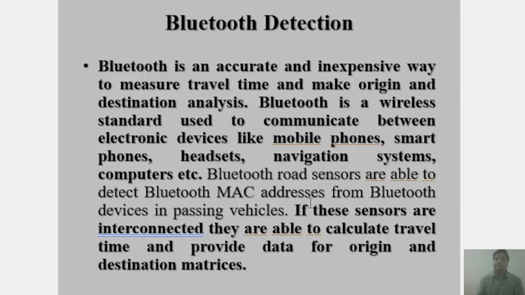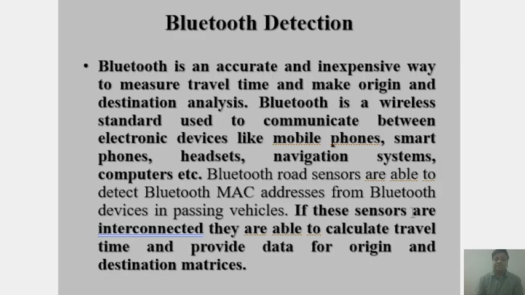This Bluetooth is installed in these devices, where we are able to communicate on the road. So Bluetooth road sensors are able to detect the Bluetooth MAC address. We are able to determine the MAC address from the Bluetooth devices in the passing-by vehicles.